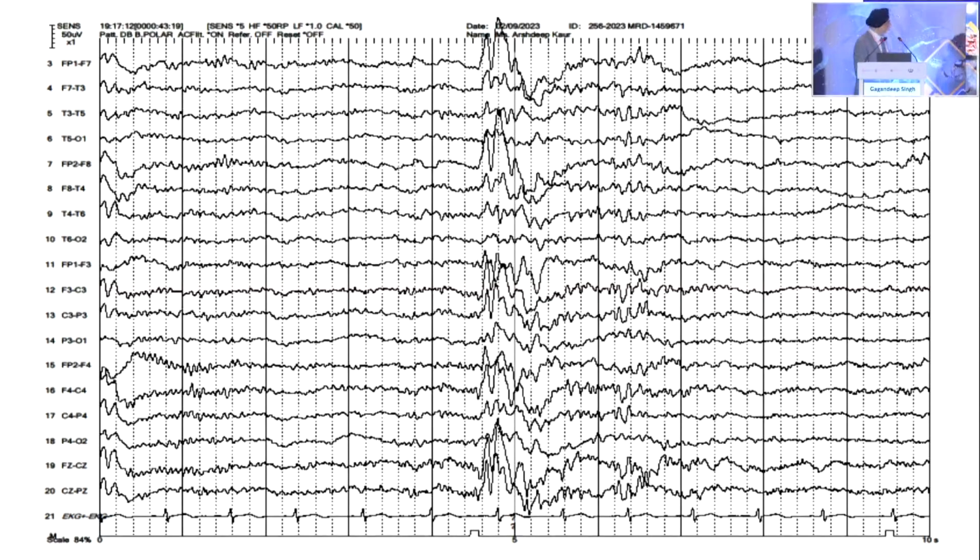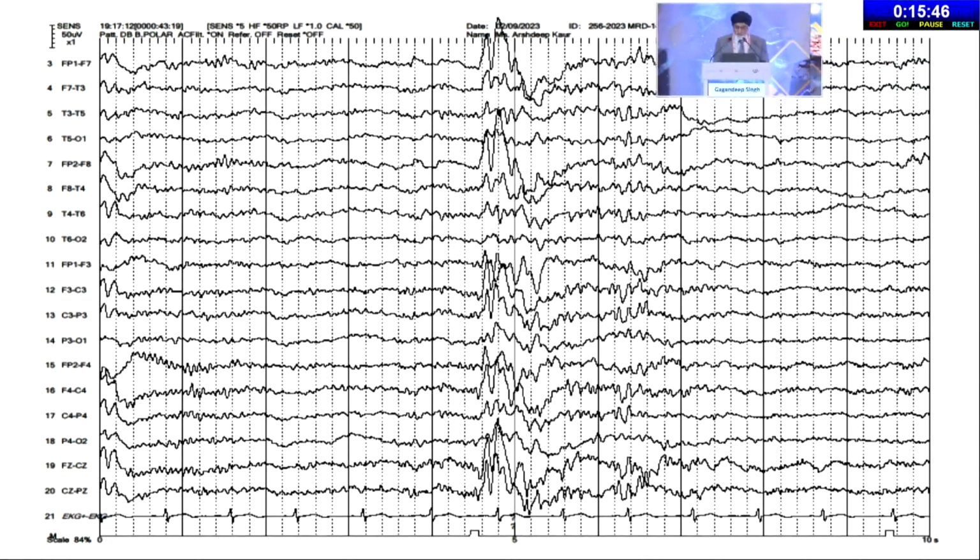Now this is a little more difficult. There is a sharp wave, slow wave, spike and slow wave, and then again followed by a spindle, right?